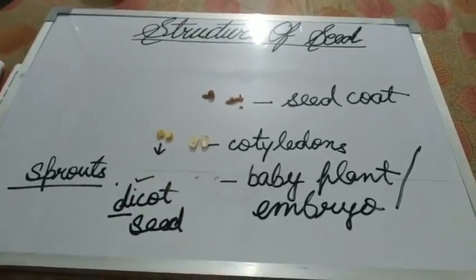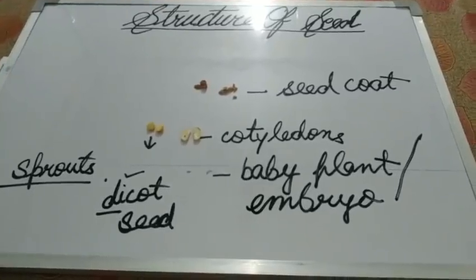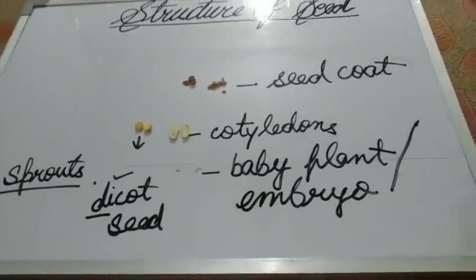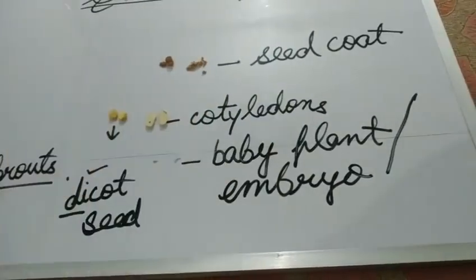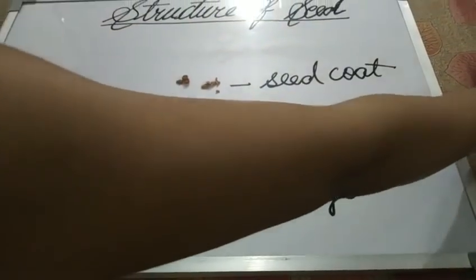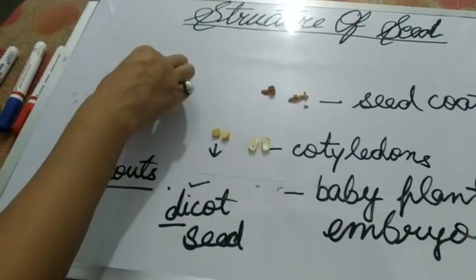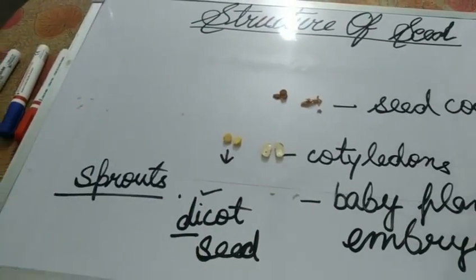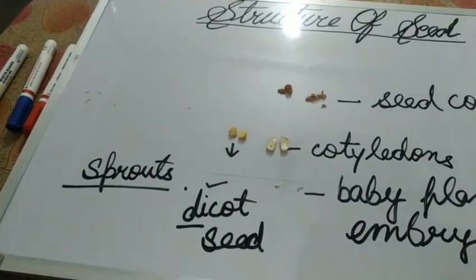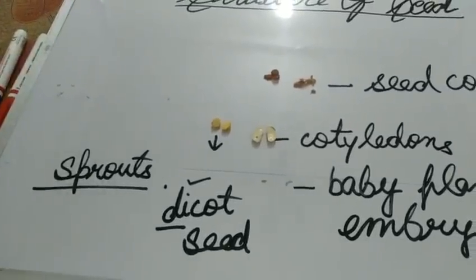Now, there are many such seeds which you cannot separate. If you take the rice seed, that is also a type of seed. You cannot separate it; rice cannot be separated or split.